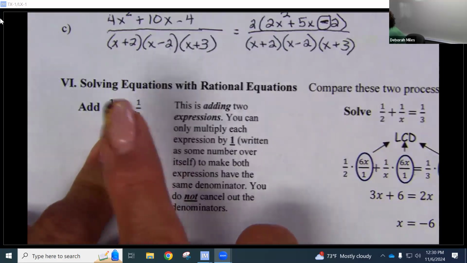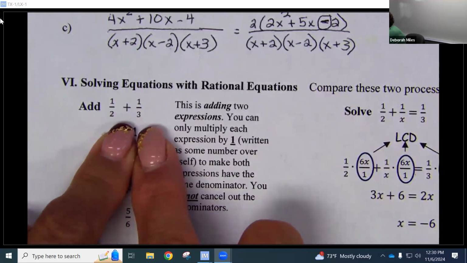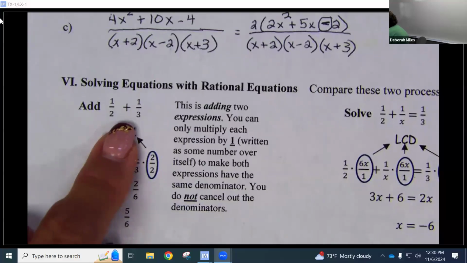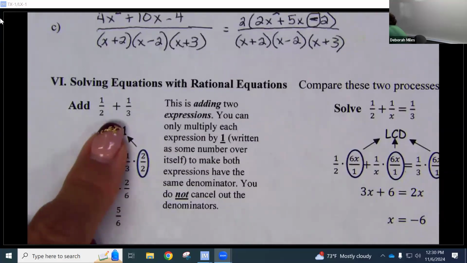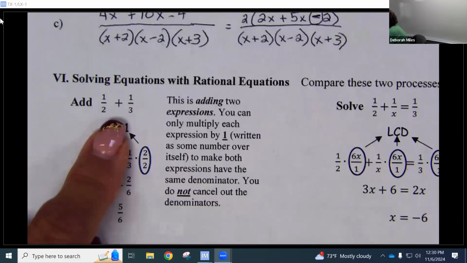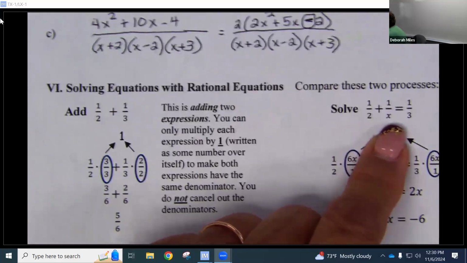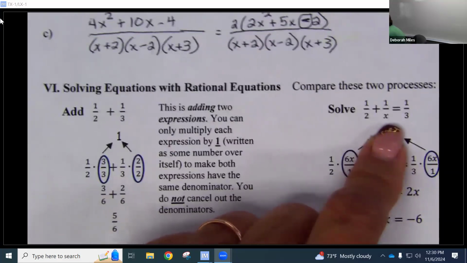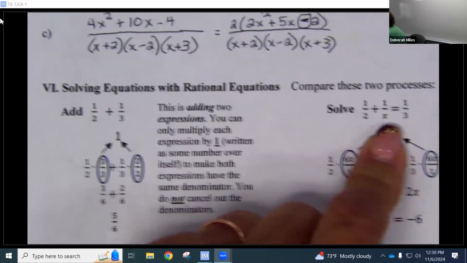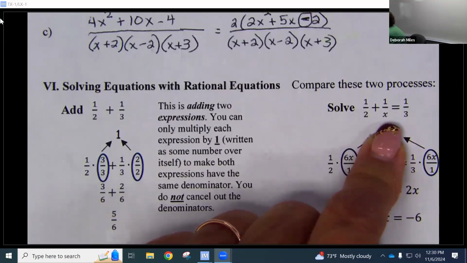Expressions are like phrases in English. They're not complete sentences. You can't say if they're true or false, because it's just a part of a sentence. If you have an equation, though, you have a complete sentence, and you can find the value of x that makes that equation true, or makes that sentence true.